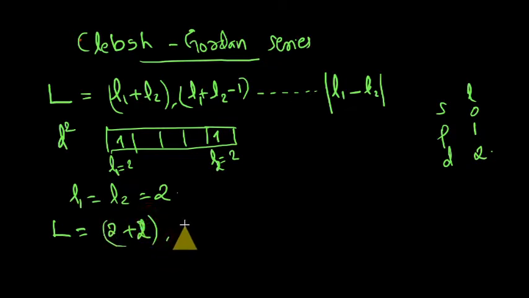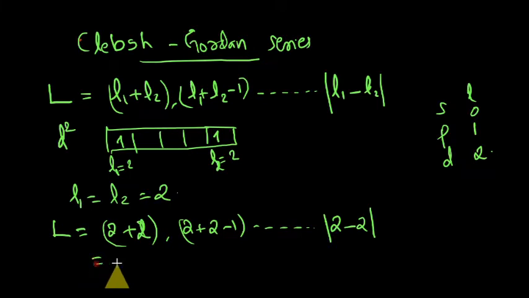Then the next value is 2 plus 2 minus 1, etc., to the modulus of 2 minus 2. So we have 2 plus 2 is equal to 4. Then we have 4 minus 1, that is equal to 3. Then the final value is 2 minus 2, that is equal to 0. And in between we have 2 and 1.